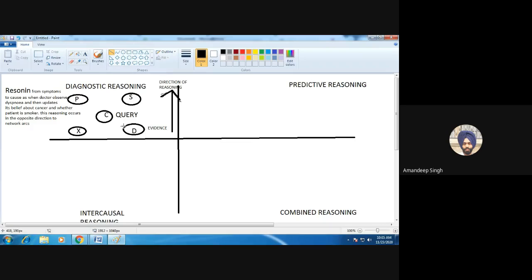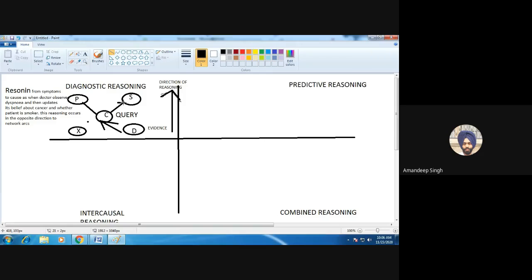What can be the probability of this cancer when you are given this evidence in the form of dyspnoea, and whether the patient is a smoker or not.